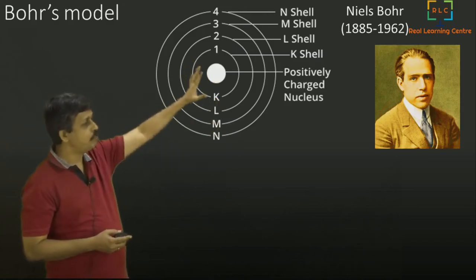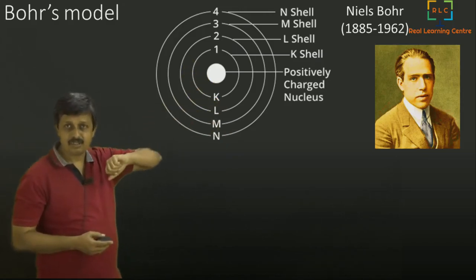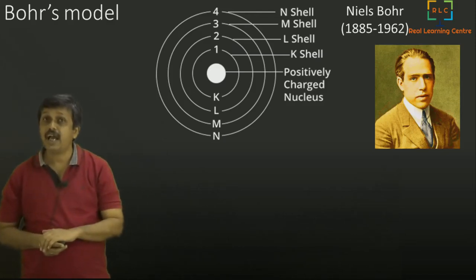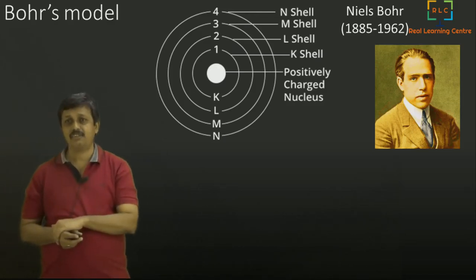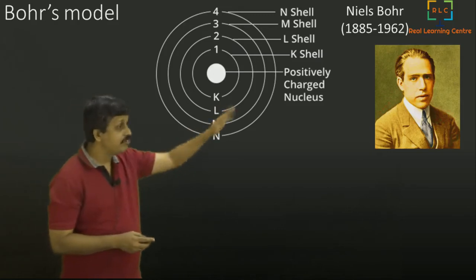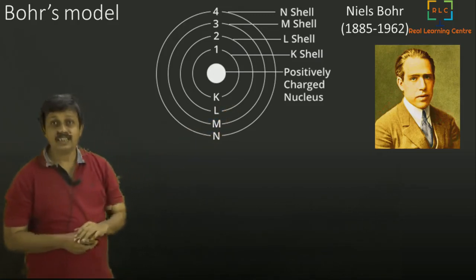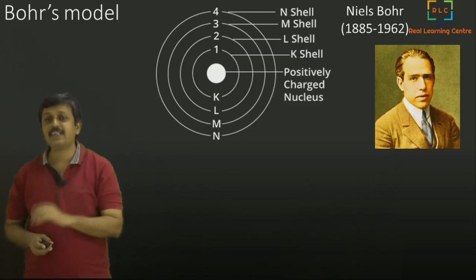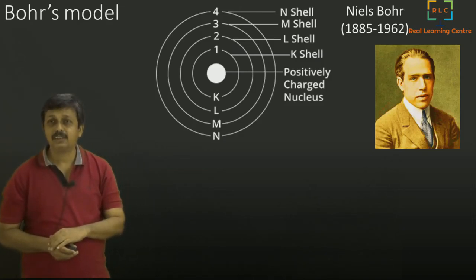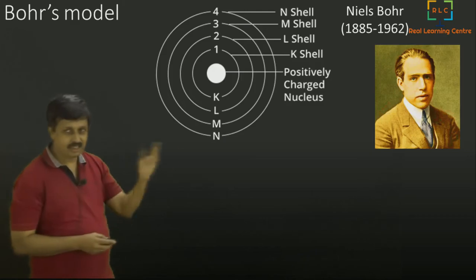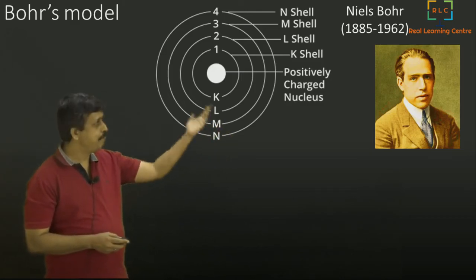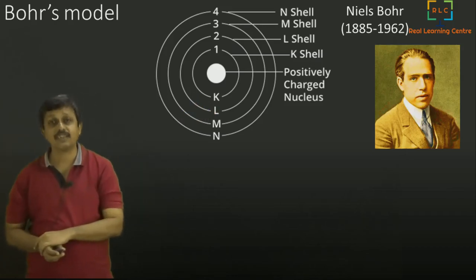Different electrons occupy different circles at different times, and each one of these circles has an associated energy. So there cannot be an electron in between these circles. Each one of these is called a stable orbit, and he named those orbits shells. He says the K shell is the nearest, the next one is L, M, N, O, P, like that.